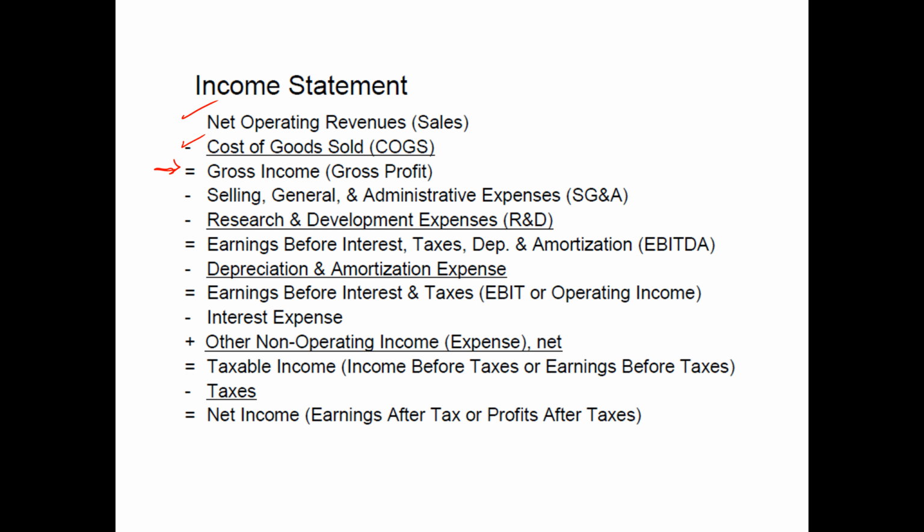That gives us gross profit as a subtotal. Then we have selling, general, and administrative expenses, research and development as operating expenses that would come out next. Then we have financing related expenses, and that gives us our income before taxes. We take out taxes, and that gives us our net income, what's left over.